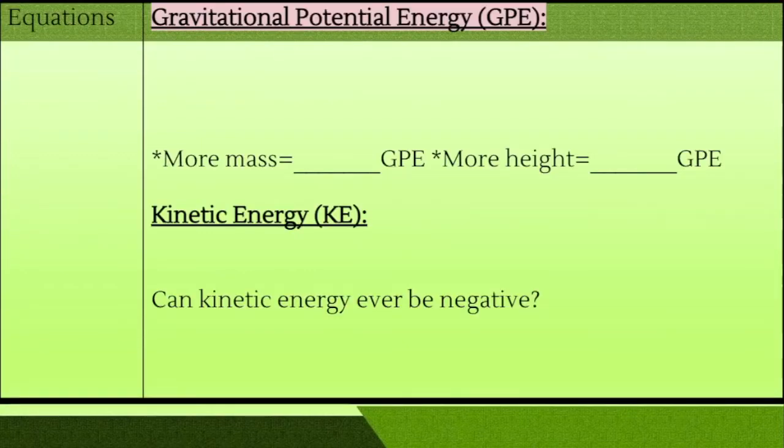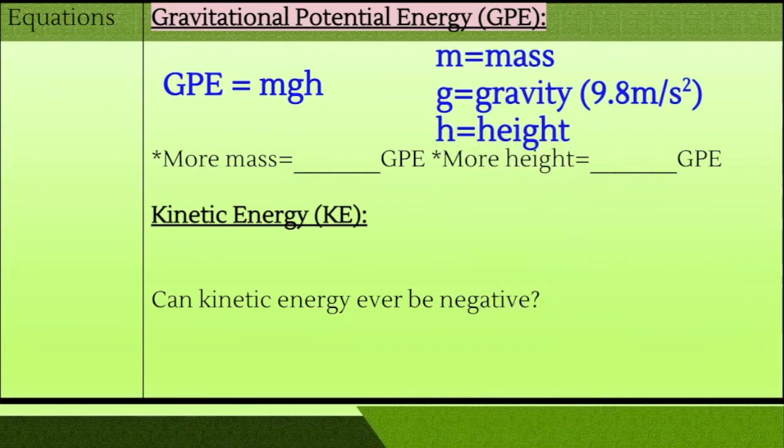Number 1, equations. So let's talk about the equation for gravitational potential energy, or sometimes referred to as GPE. So our equation is going to be GPE equals m times g times h. And m stands for mass, g is going to stand for gravity, and we know that gravity on Earth is 9.8, and h is going to mean height.